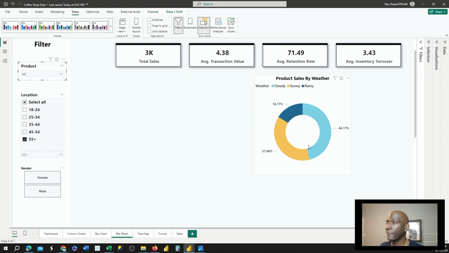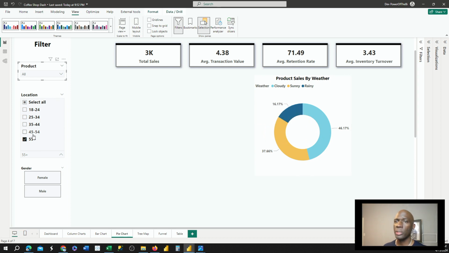So we're looking at the weather forecast to determine when these guys are coming in. And of course, this is an age group that is probably more likely to be nearing retirement or at retirement, and they're coming in on cloudy days because they may walk around the park, or they may be out on a stroll or doing certain outdoor activity that now they're not able to do, or they're not going to do because it may rain.